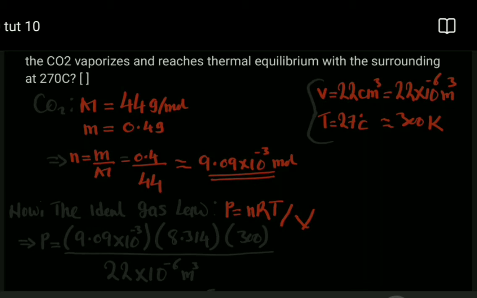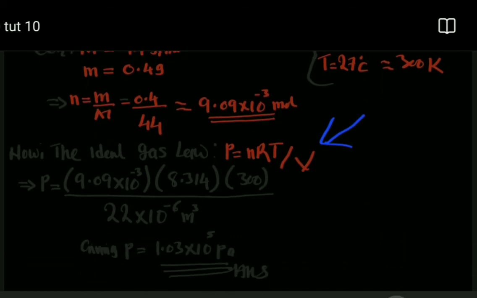So now that we have found the number of moles, we proceed. We substitute those values into our equation, the ideal gas law. And as we do that, we say P therefore equals the number of moles for this gas multiplied by the constant multiplied by the temperature, divided by the volume of the test tube.